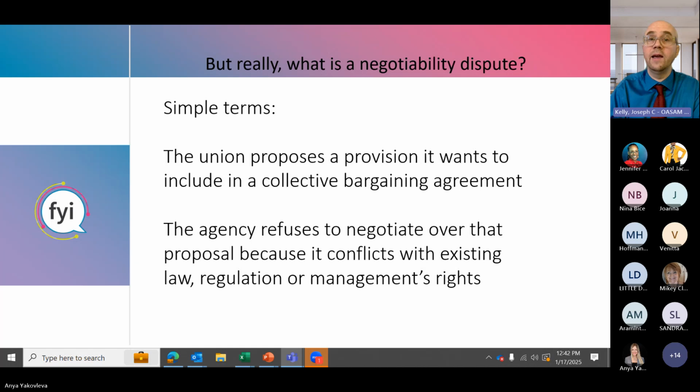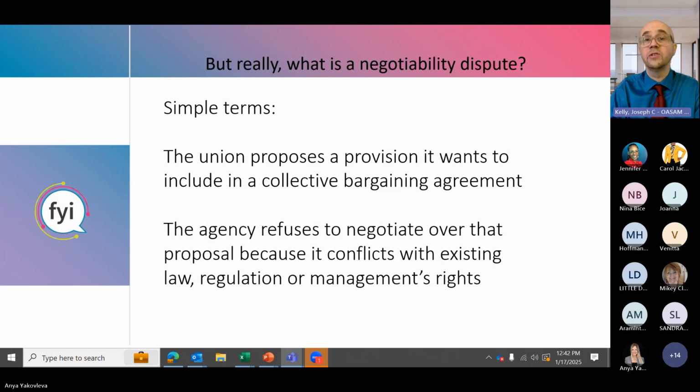But really, what is a negotiability dispute for folks who aren't steeped in all this, like myself, and some of you on the call here? In simpler terms, the union proposes a provision it would like to see in the collective bargaining agreement, whether that's the main collective bargaining agreement or a memorandum of understanding for midterm bargaining, whatever they're bargaining.